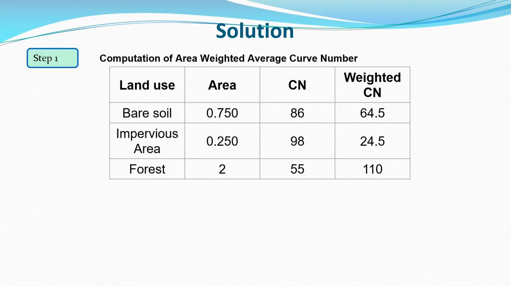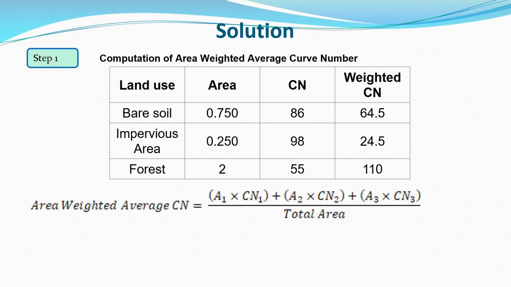When 86 is multiplied by 0.750, I get the weighted curve number for bare soil. When 98 is multiplied by 0.250, I will get weighted curve number as 24.5 for impervious area in this watershed. In case of forest, the curve number is 55, which when multiplied by 2 gives us 110.